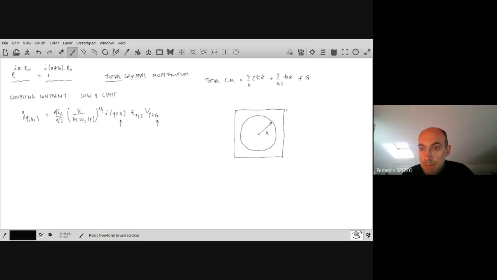Then in case we use a vector G that is different from 0, we have to consider that, due to the periodicity of the electron energy, we have another Brillouin zone here.